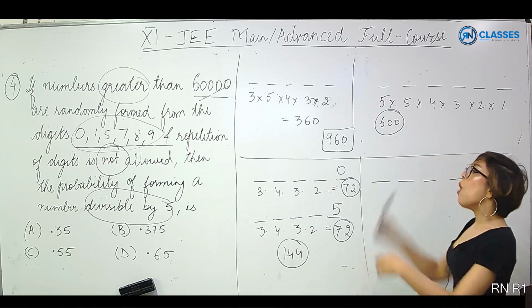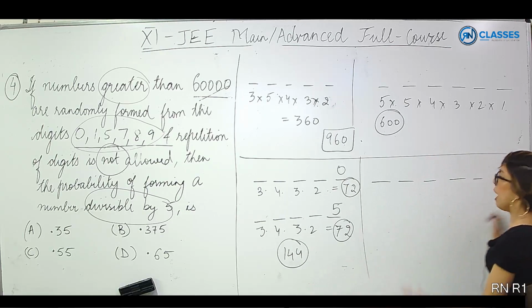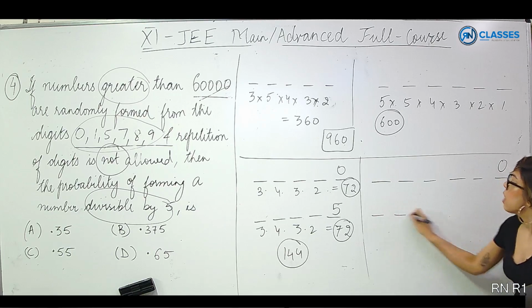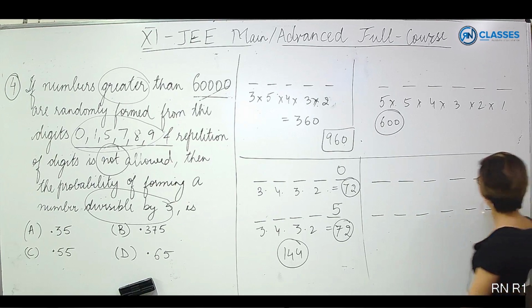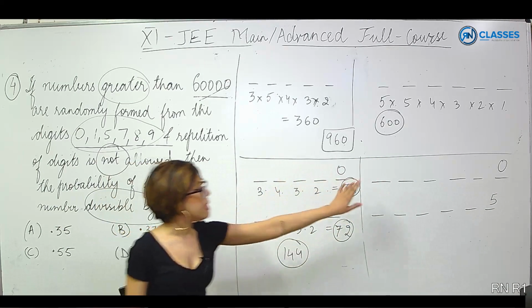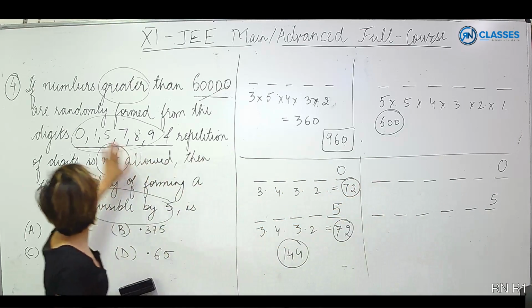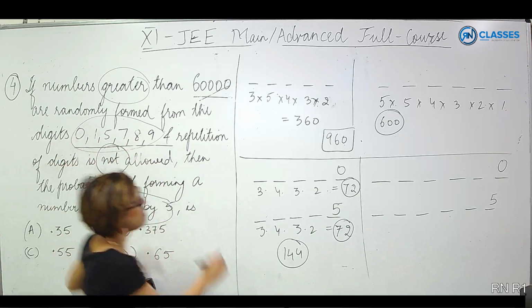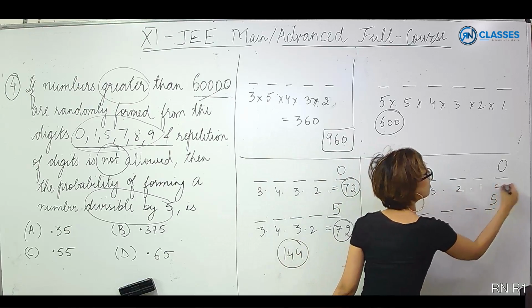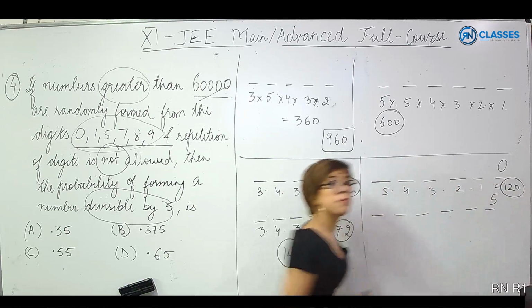Let me come on to the 6-digit numbers. Again, the number has to be divisible by 5, so either 0 comes at the unit place, or 5 will come. If 0 is at the unit place, the first place has no restriction. 0 is not there, so that means 5 possibilities. Then 4, then 3, then 2, then 1. So basically 120 numbers.